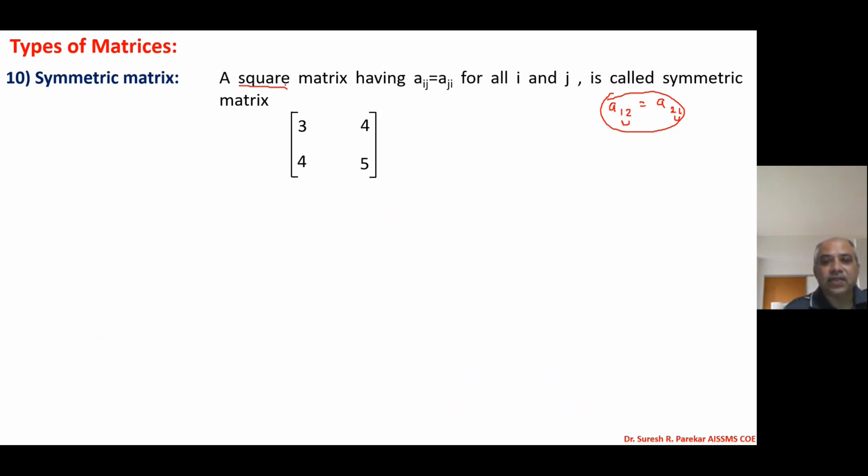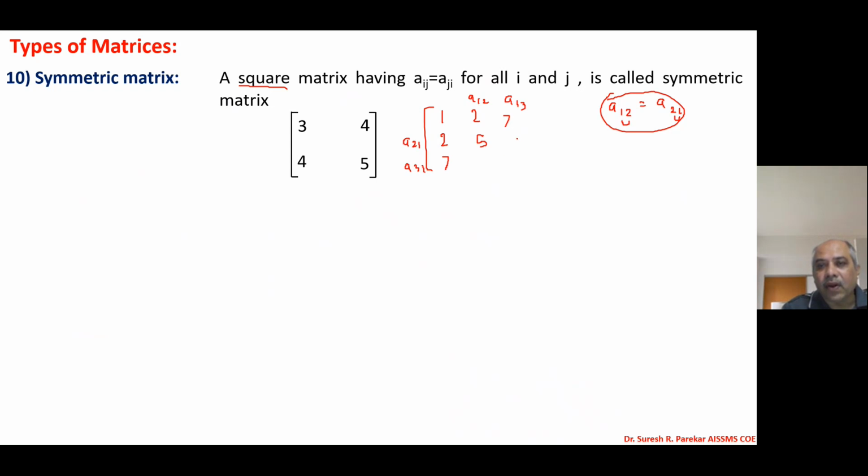Then we can see this. If I write a 3 by 3, then we have 1, 2. So this is A1,2. Then we have here A2,1, which will be 2. Then we have this value as 5. We have the diagonal, this is 7. Now this is A1,3. Then we have A3,1 over there. It should be the same.